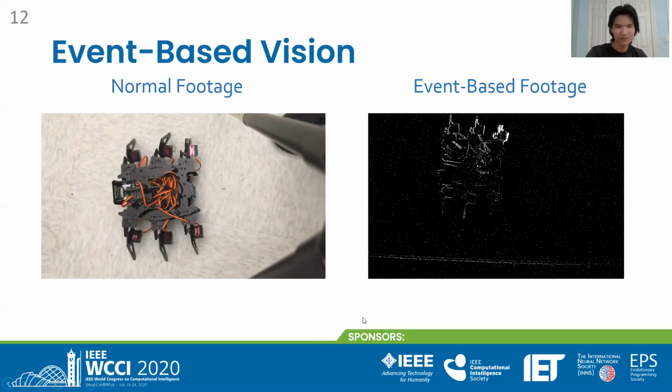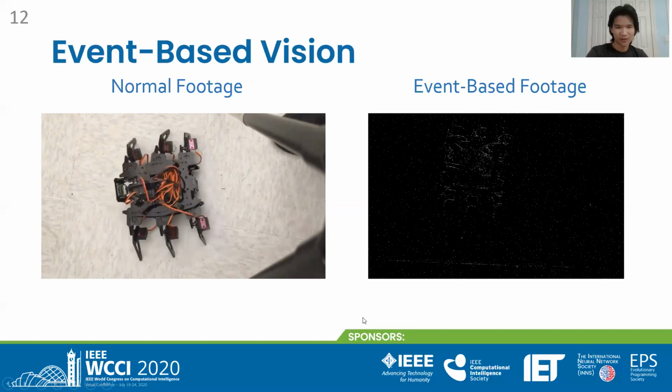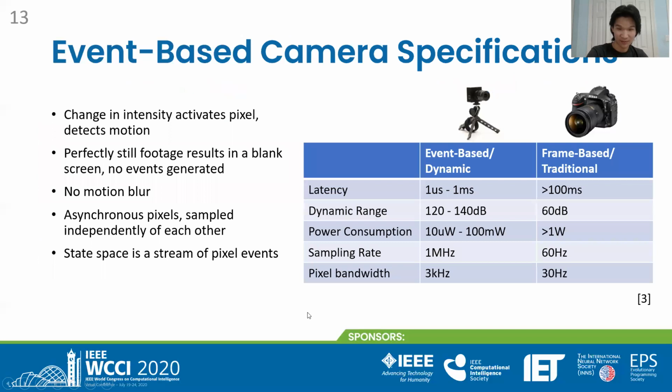So why are we interested in event-based vision? Well, first of all, in terms of the specs, event-based vision triumphs over frame-based cameras in many aspects, such as latency, dynamic range, and far less power consumption in the milliwatt range. It saves this much power because each of the pixels is independently and asynchronously sampled, whereas for frame-based cameras, all the pixels are sampled at once, which means that you will inevitably spend some electric power sampling pixels that are not relevant.